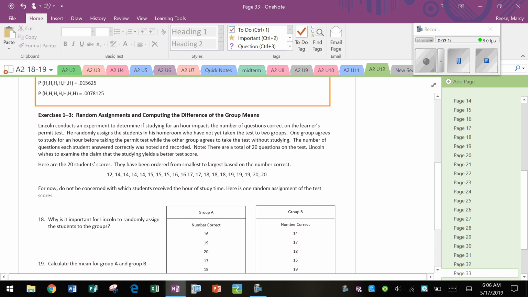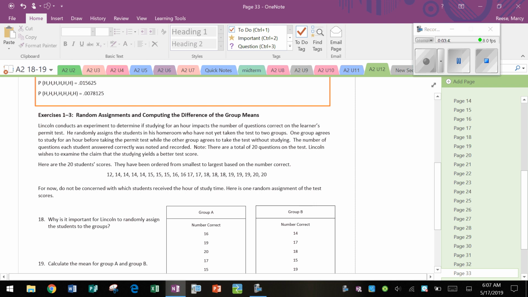Randomly assigned, so it's going to probably be a good experiment. Although it's not 50 kids, it's still randomly assigned. One group agrees to study for an hour before taking the permit test, while the other group agrees to take the test without studying. The number of questions each student answered correctly was noted and recorded.